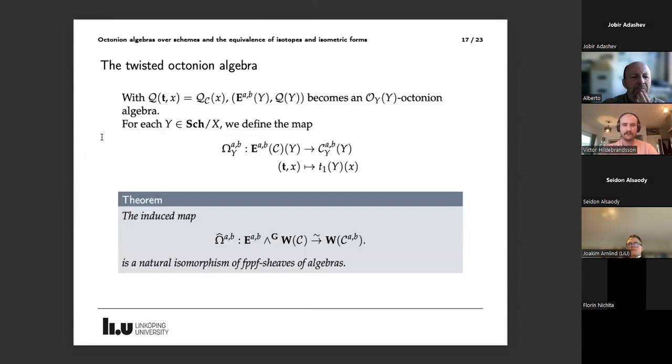And together with the quadratic form defined by this, which will be well defined since it will be invariant of the T chosen, this E_AB will become an Octonion algebra over O_Y.